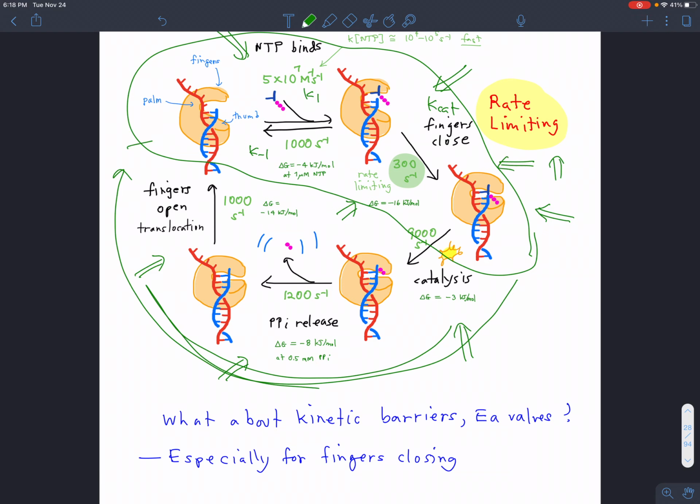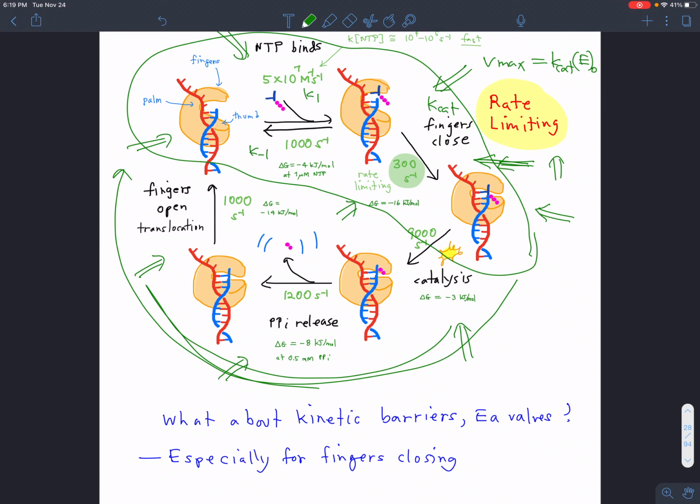We're looking at binding of the NTP to the polymerase-DNA complex. And then we're looking at this fingers closing step as the k2 step. This fingers closing step is going to lead to Vmax mainly, right? Because Vmax is k-cat times the enzyme concentration.